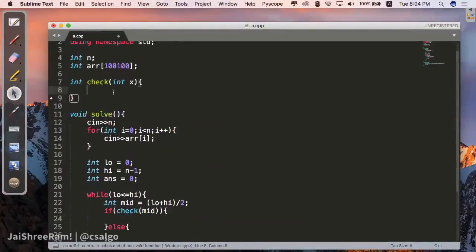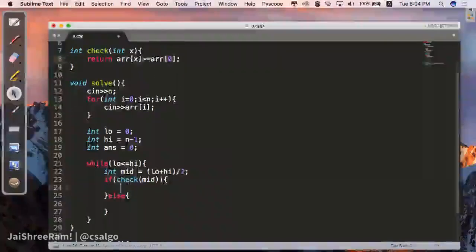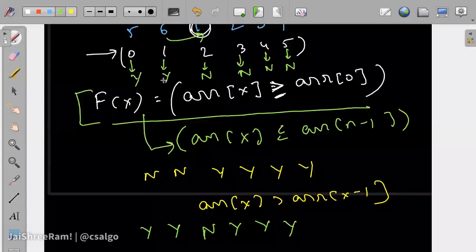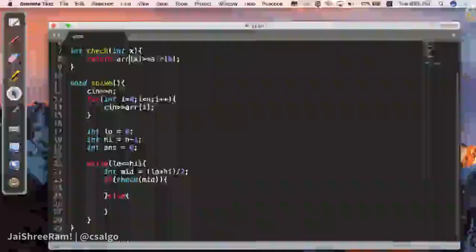So what is our check function? We just return ARR of x is greater than or equal to ARR of 0, right? This is our check function. Make sense? Now, if our check returns true, that means ARR of x is greater than or equal to ARR of 0, so we know that this is a yes.